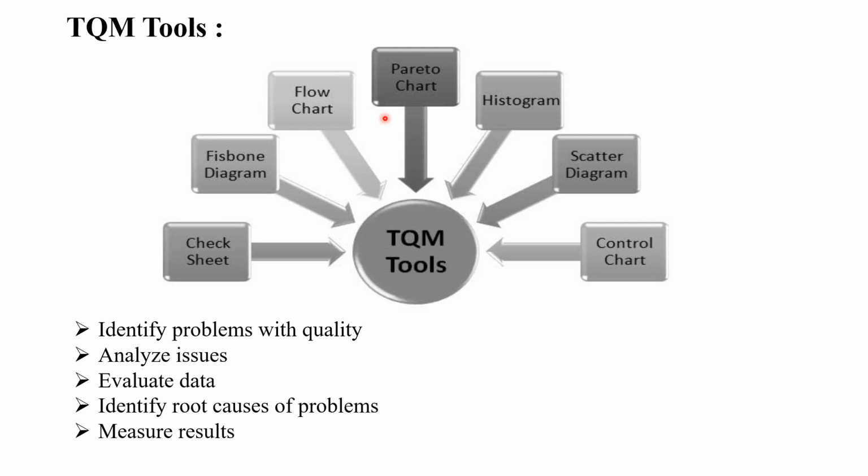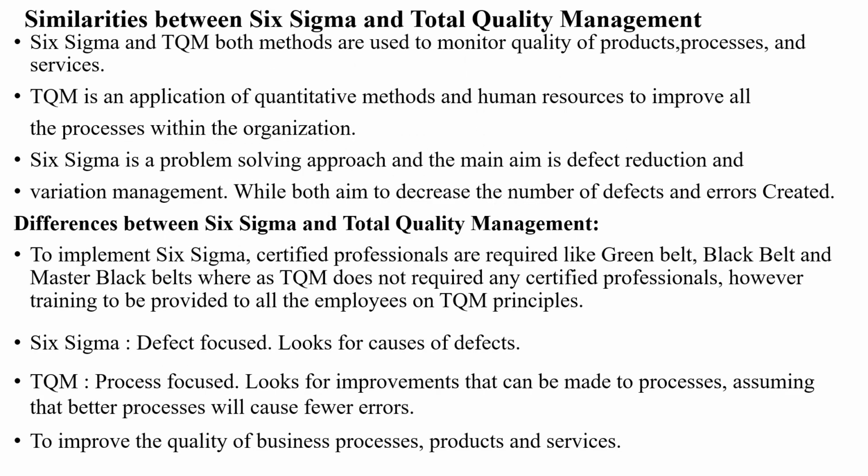Then we can develop some solutions, and finally we can implement the solution in the process. So the major purpose of these tools is identification of the problem and finding the causes for the problem, and we can try to remove the root causes of the problem. Then your process will improve. So finally we can measure the results. So this is called TQM tools.